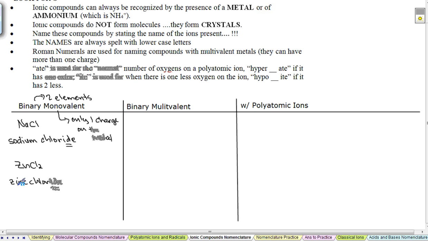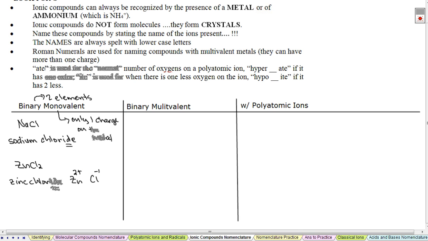Well, say I went backwards. Say I wanted to figure out, if I was given zinc chloride, what would be the chemical formula? So what I would do is I would write down my ions that would be present. So I'd have a zinc 2 plus ion, and a chlorine 1 minus. And I write my charges above. And I say, okay, what's my compound going to look like?